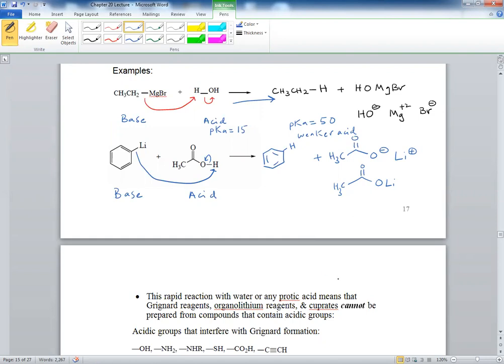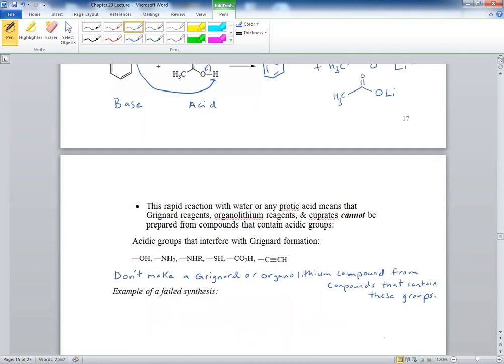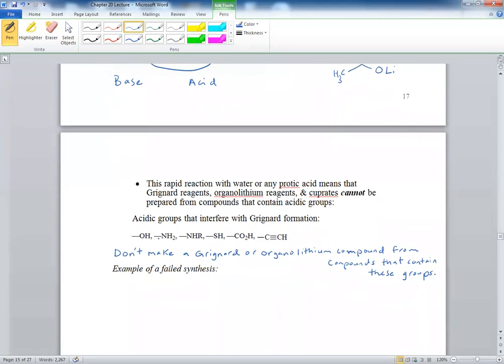The rapid reaction with water or any protic acid means that Grignard reagents, organolithium reagents, and cuprates cannot be prepared from compounds that contain acidic groups, because there will be interferences. These are acidic groups that you need to commit to memory or just recognize.